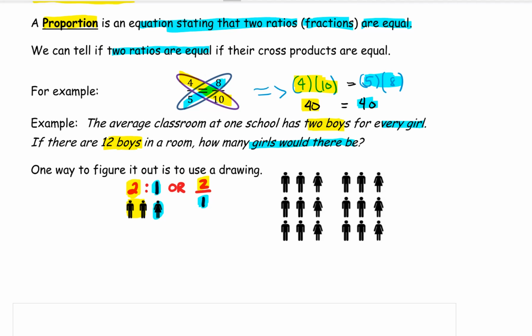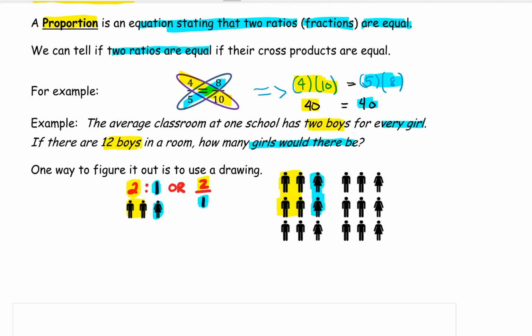So now we're given that there are 12 boys. So you're going to draw each set. That means for 2 boys, you have 1 girl. To make it 12, I'm going to draw another set, another 2, that becomes 4 boys, and now I'll have a total of 2 girls.